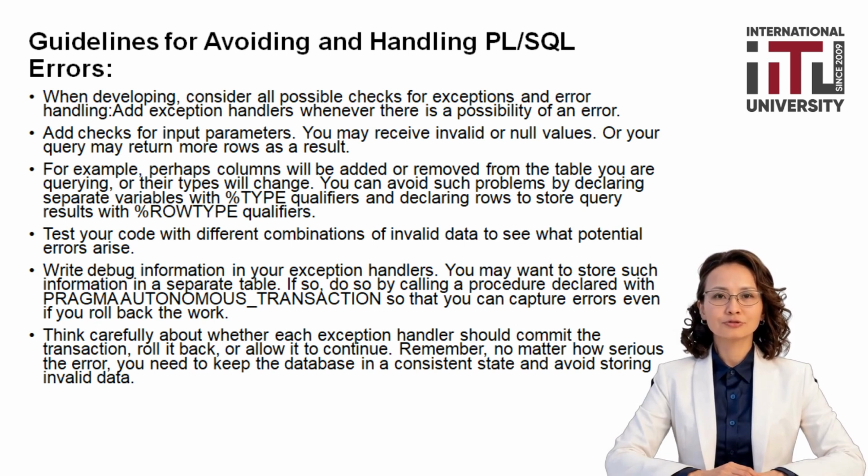Test your code with different invalid data to discover potential errors. Write debug information in your exception handlers, and if needed, store it in a separate table using a procedure with PRAGMA AUTONOMOUS_TRANSACTION. Finally, decide carefully whether each exception handler should commit, roll back, or continue. The key is to keep the database consistent and avoid storing invalid data, no matter how serious the error.